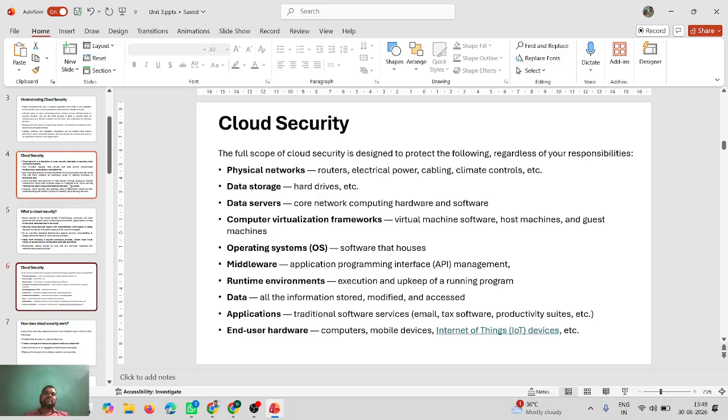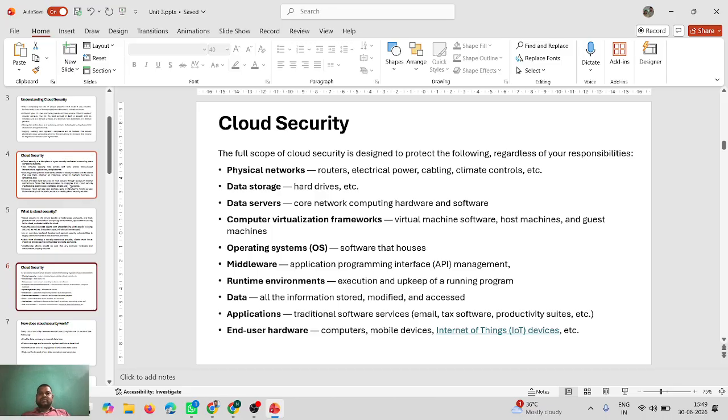Again, an operating system is software that hosts various types of software as resources, right? And middleware, runtime environments, execution, start and stop, etc. Data, right? All the information stored, currently running, modified, executed, and applications, already built applications, currently working applications, and end user hardware like mobile phones, desktops, laptops, right?